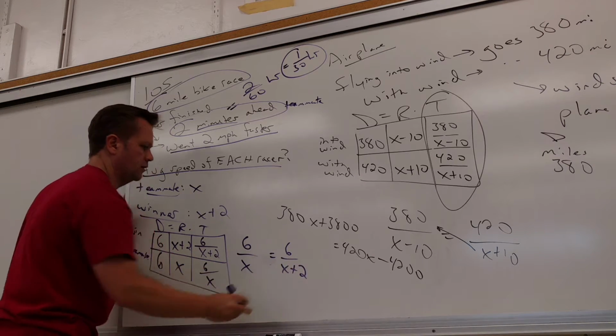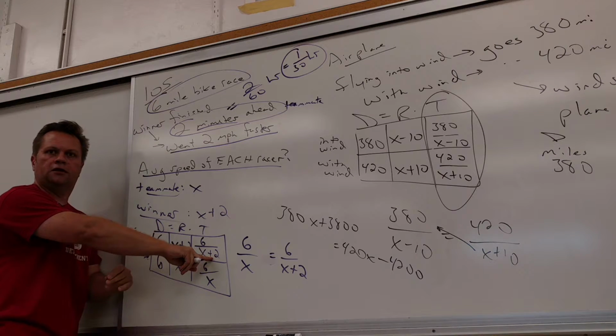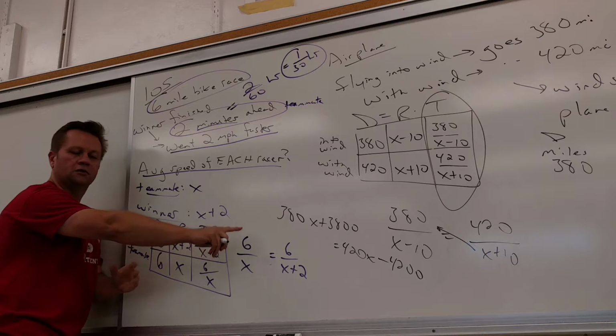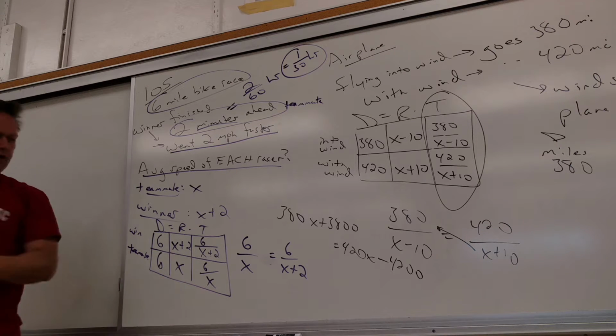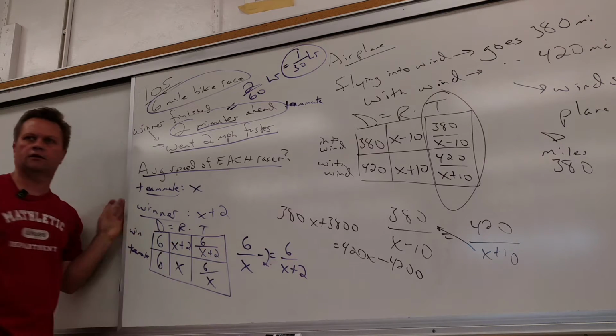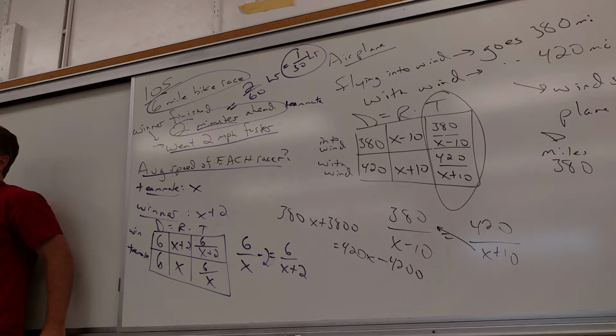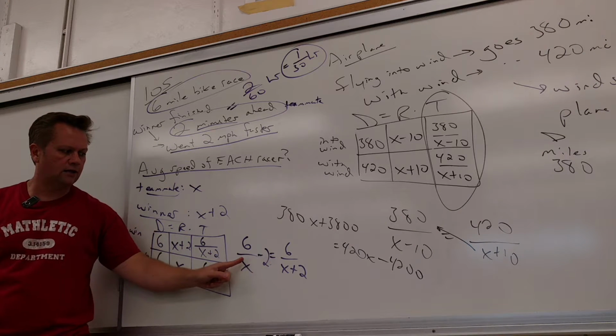The winner's time was 2 minutes less than the teammate's time. Does that make sense? There are different ways to say this. Whatever the teammate's time is, I take 2 away from it to make it the winner's time. The winner took 2 minutes less than his teammate.